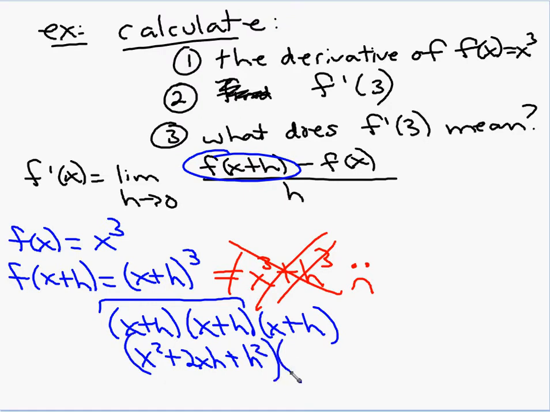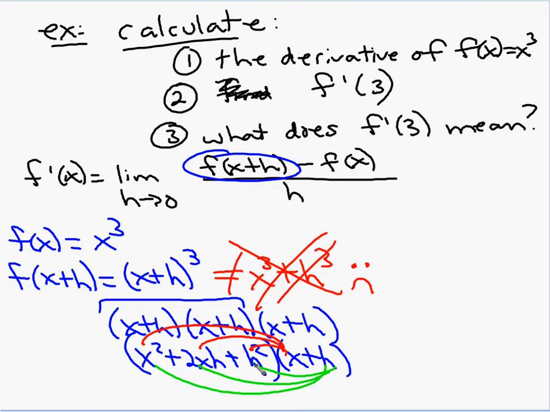Now, I just need to multiply that by x plus h. Be very cautious with your algebra here, because this is where so many people make a mistake. We now need to carefully distribute by multiplication the x to all three, and then distribute the h to all three. The first part of this is long. That's just the way it is.